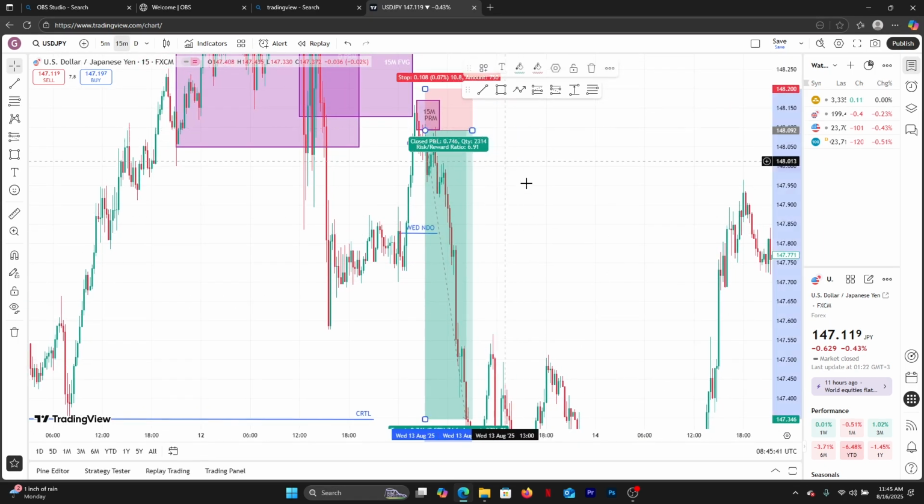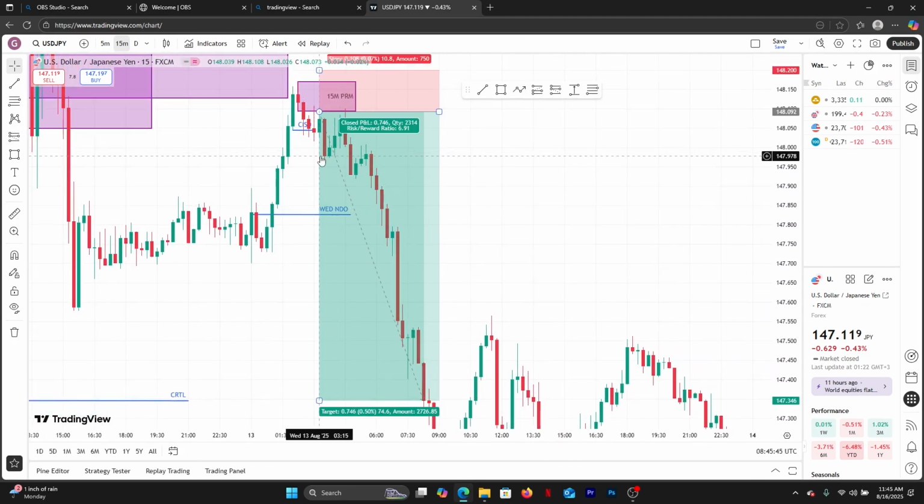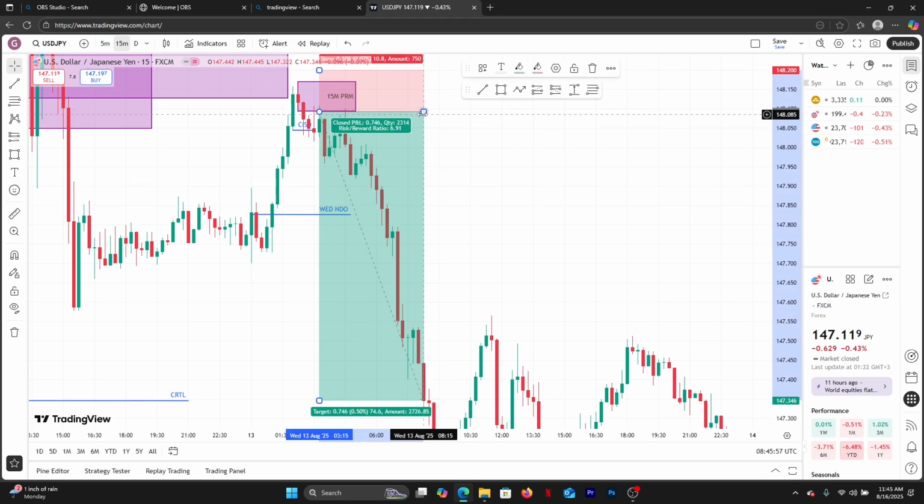Now if you look at the time it took for this trade to happen, this was at Wednesday 13th August at 3:15 a.m. and then take profit was hit at 8:15, which is 3, 4, 5, 6, 7, 8, 5 hours later.